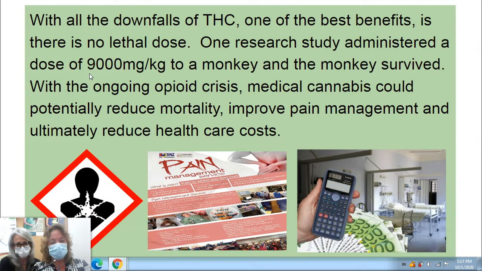Therefore, it's easier to overdose on an opioid. You cannot overdose on THC. You can take too much, where it may make you feel paranoid and have hallucinations, but there's no lethal dose. It cannot kill you directly, versus an opioid. So they are safer when you're looking at it in that aspect.